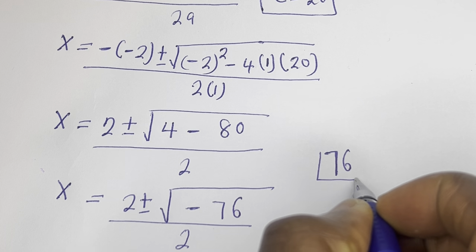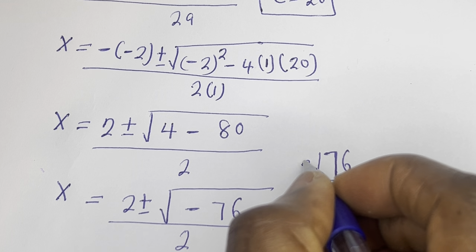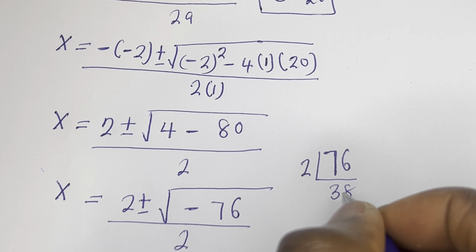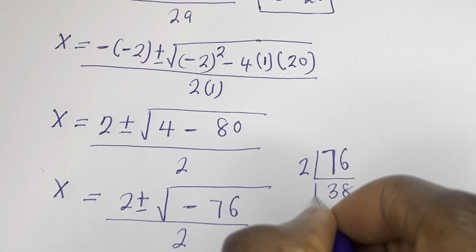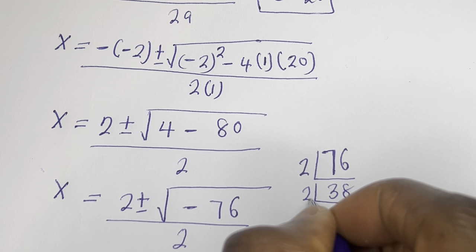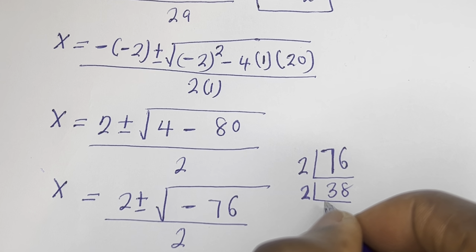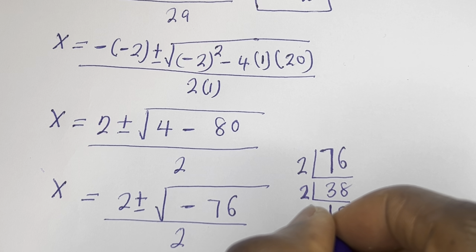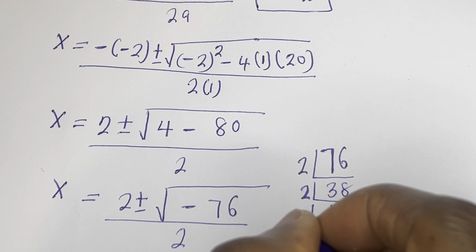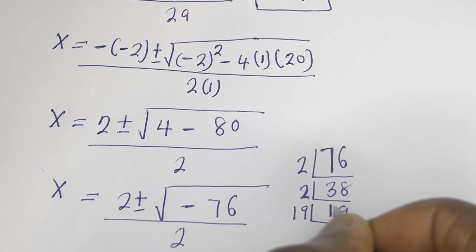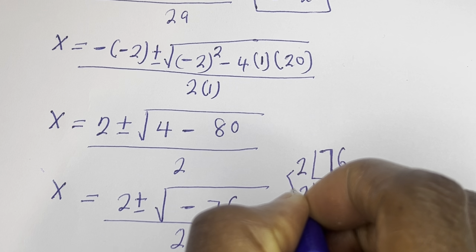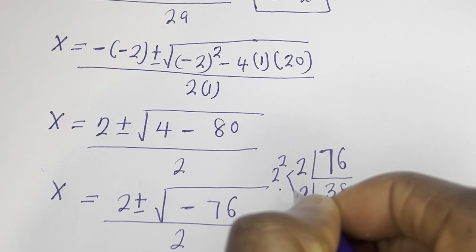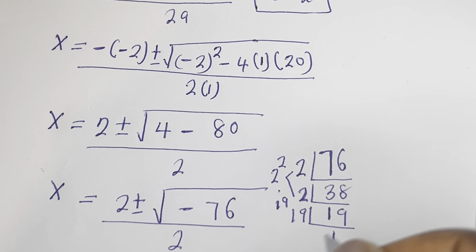Now here 76 is divisible by 2, then we have 38, and this is also divisible by 2, then this is 19. Then this is only divisible by 19 as 1. So here we have 2 square multiplied by 19.